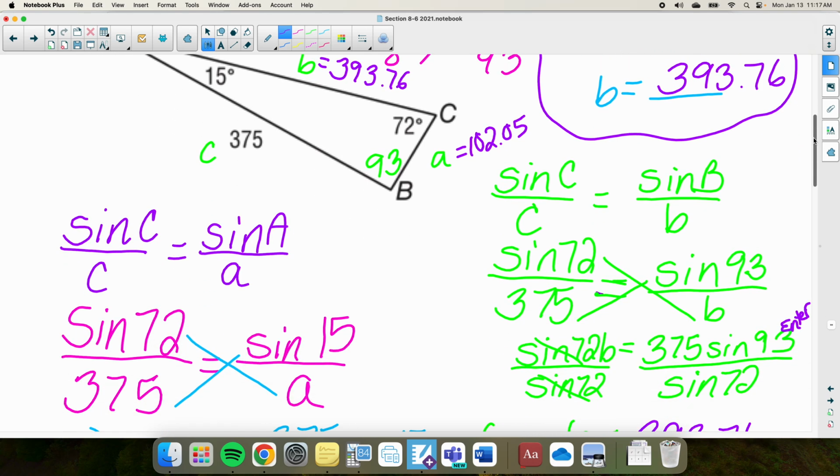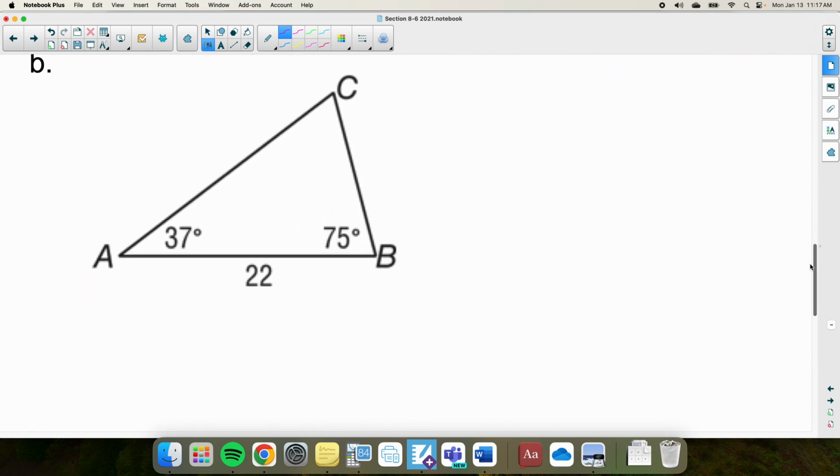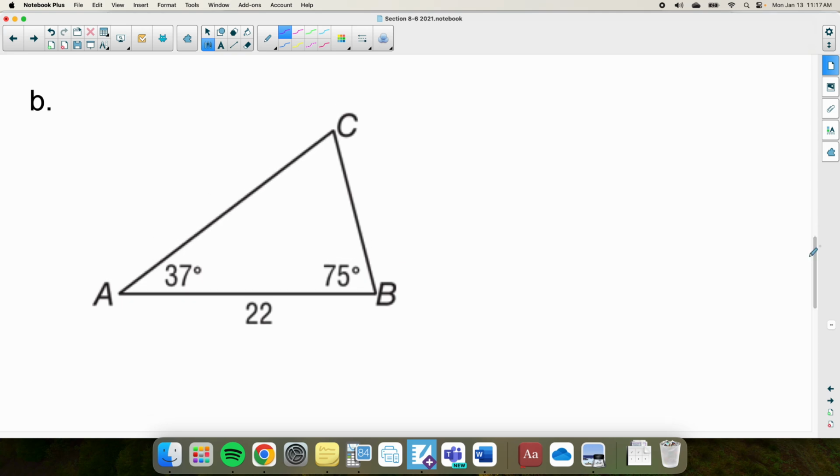Okay, now let's go to this one. This one is a little bit different in that this one is a side angle side, okay? First thing I'm gonna do over here is I'm gonna write down what it is that I need to know. Aubrey, here you go.